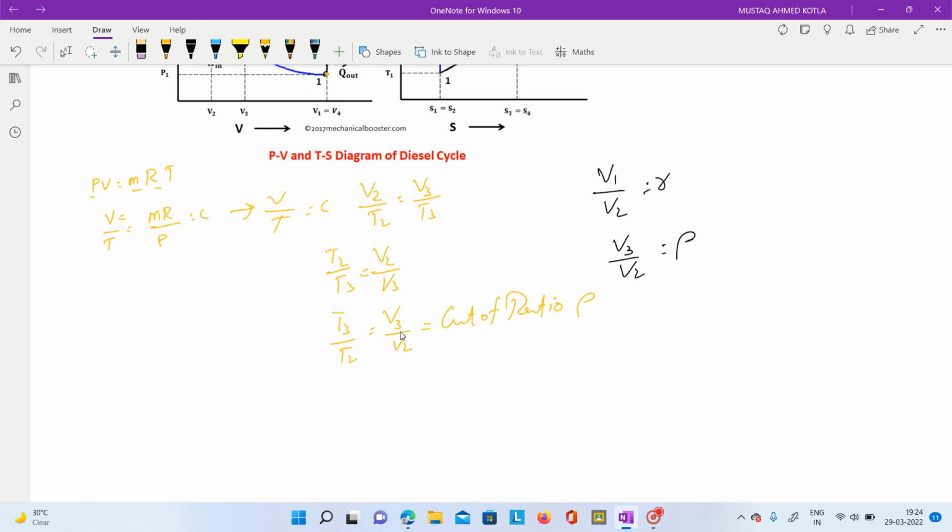Similarly, here what we will get is T3 by T2 equals the cutoff ratio rho.